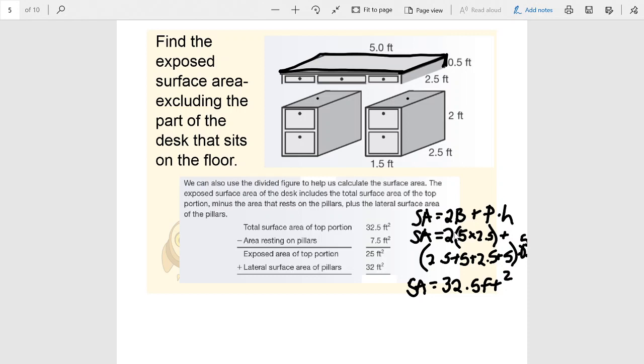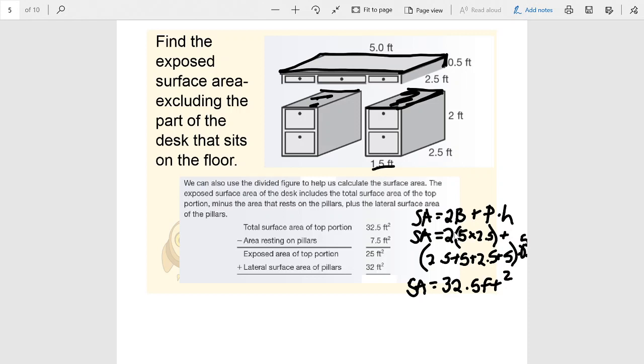We have not yet gotten rid of these pieces that are sitting on top of these pillars. Okay, we're not going to paint that in reality, so we need to take those away. And the area of those pillars right here is going to be just regular area. In this case, it's going to be 1.5, since that's our side length right there, times 2.5.